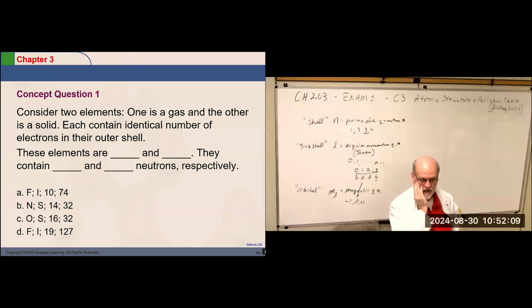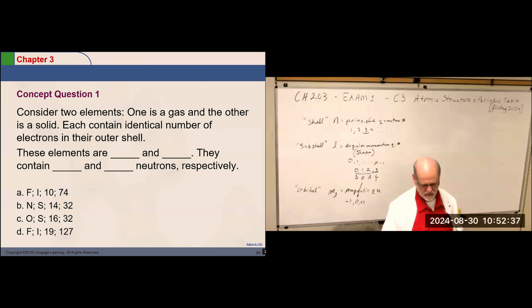Yeah, if they have the same number of electrons in their outer shells, then they're in the same group. So that means we're looking at a group on the right where we can move vertically from nonmetals to metals. It's like if we went from carbon, that would be a nonmetal, down to tin, a metal, but they have the same number of electrons in their outer shell.